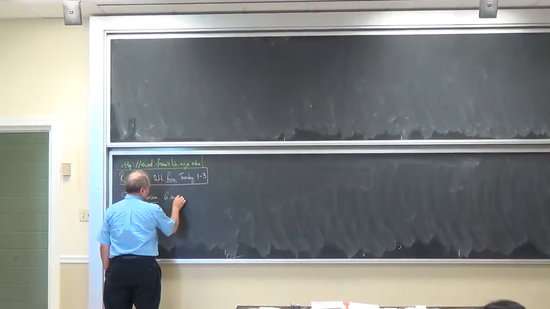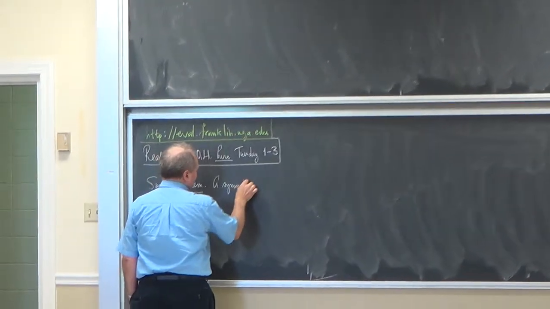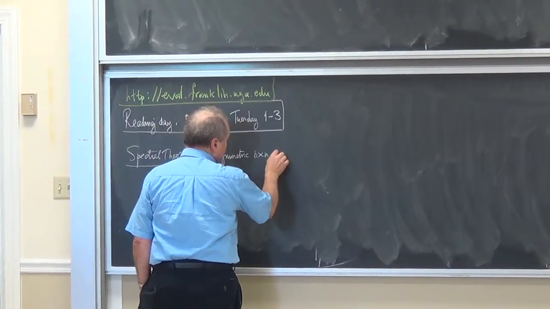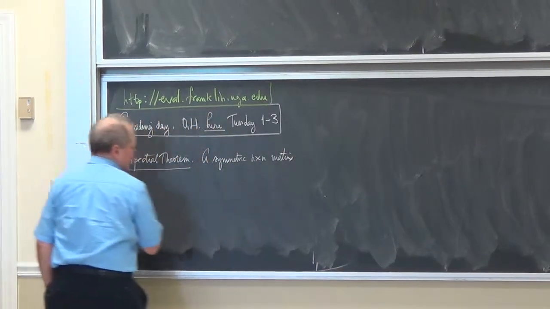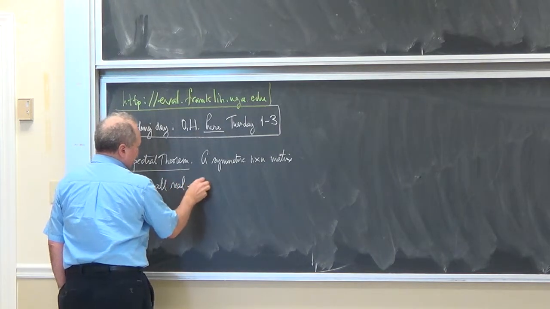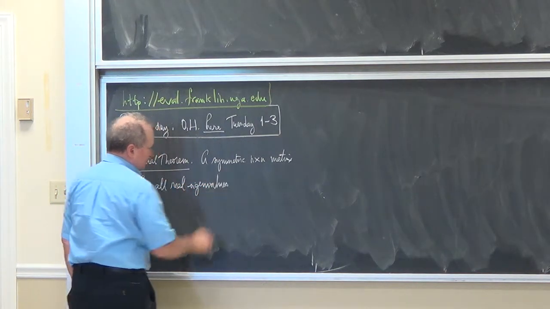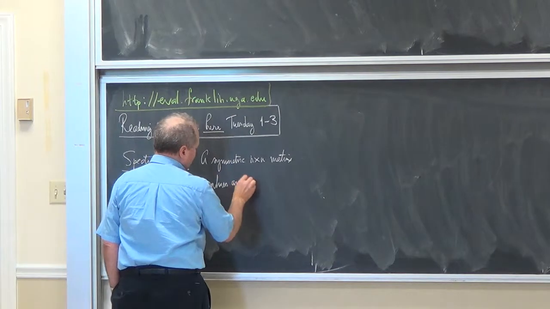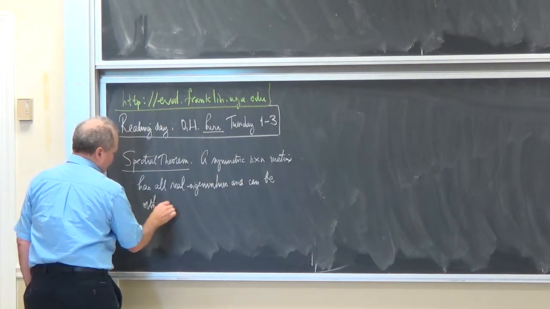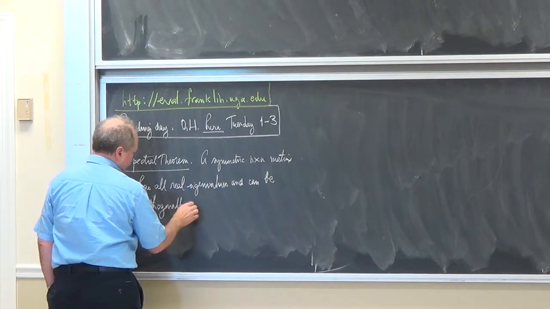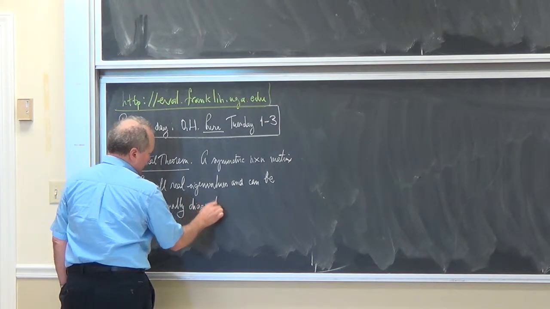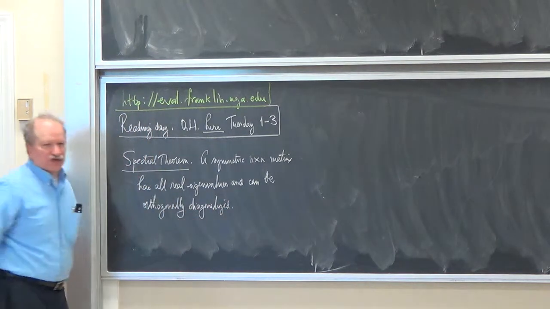Then it has all real eigenvalues, and there's an orthogonal matrix Q where Q inverse AQ equals Q transpose AQ equals a diagonal matrix. So it can be orthogonally diagonalized, is what I'm going to say to be short here. There's an orthogonal matrix that diagonalizes it.